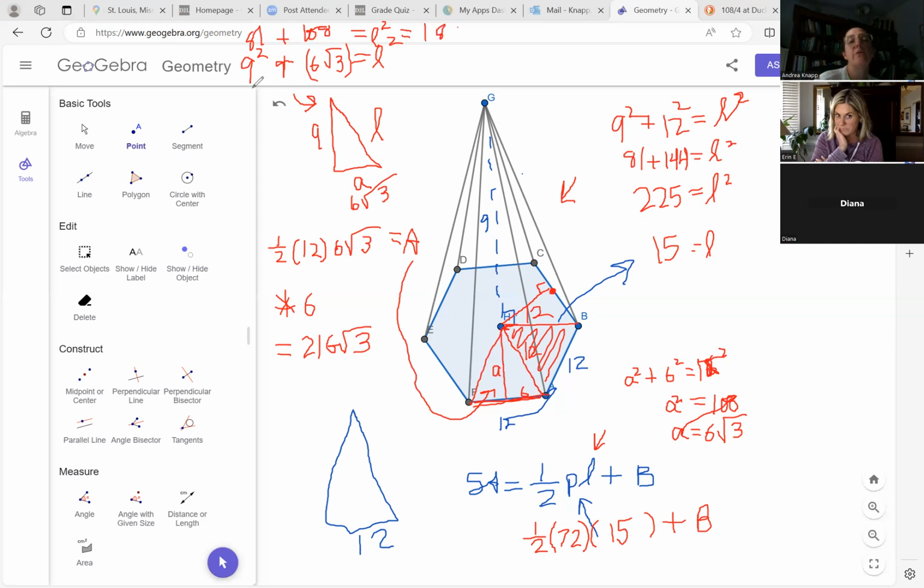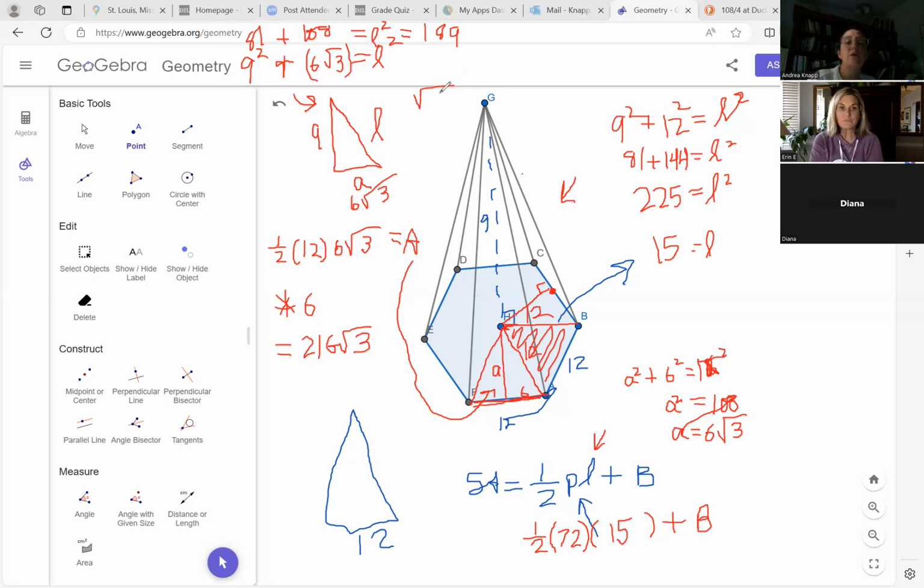And if we take the square root of both sides, is there any perfect square that we can pull out of 189? Is there any perfect square factors of 189? Oh, 9. We can rewrite that, so the square root of 189, we can rewrite that.